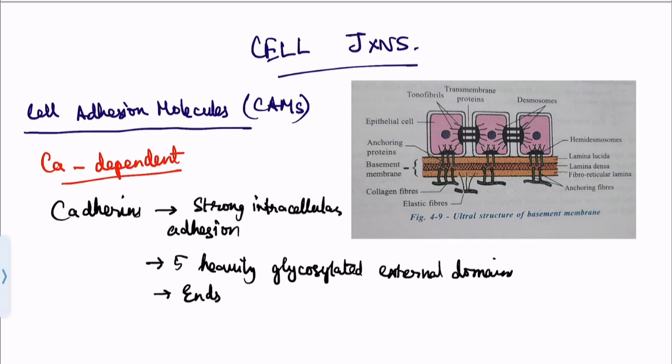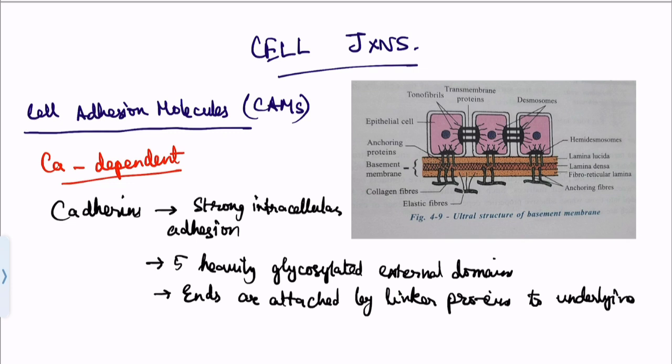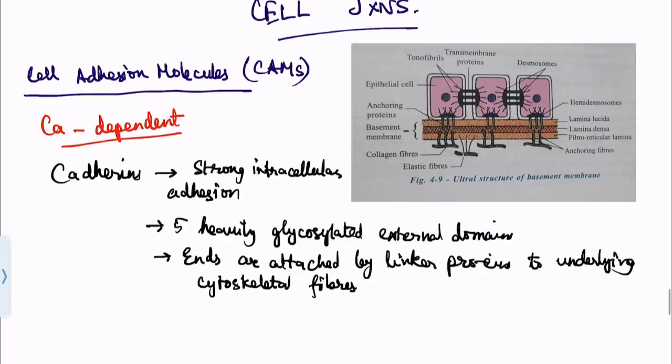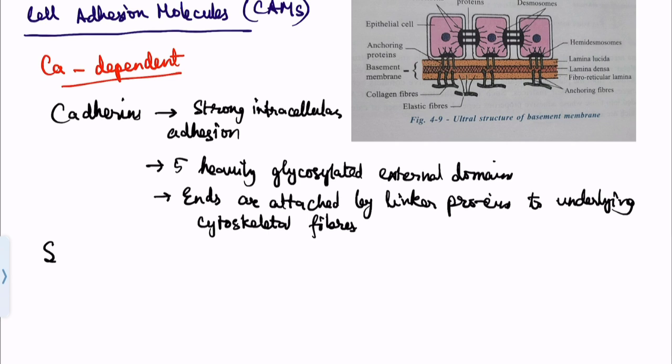Ends are attached by linker proteins to underlying cytoskeletal fibers. Now, mainly there may be different types of cadherins like E cadherins, N cadherins, P cadherins, right? But we don't need to go into too much detail. Now going on to selectins.